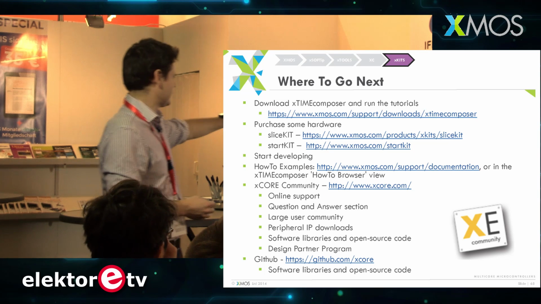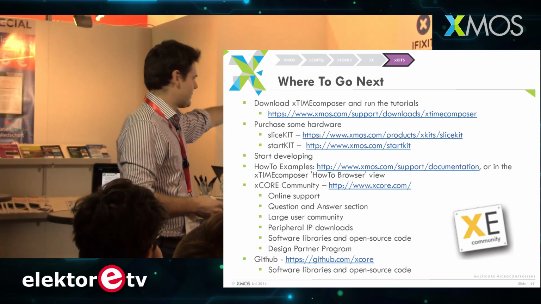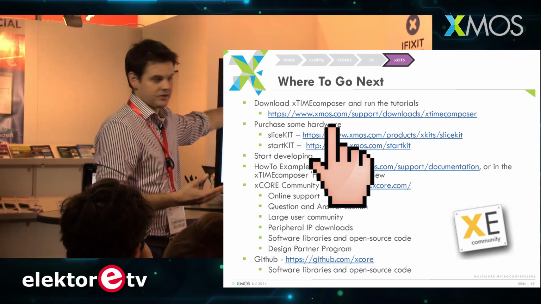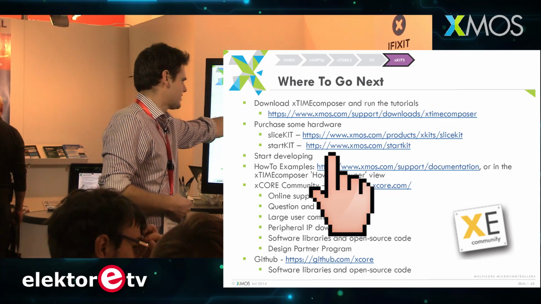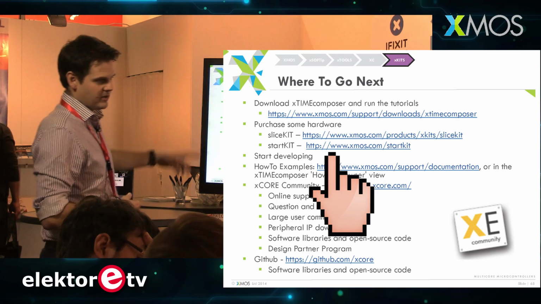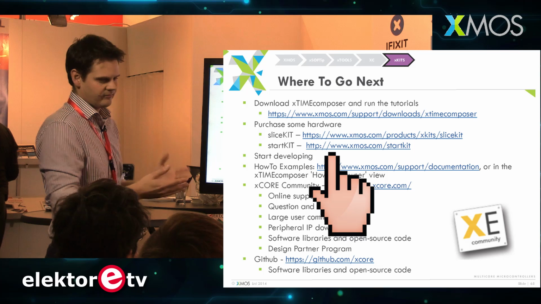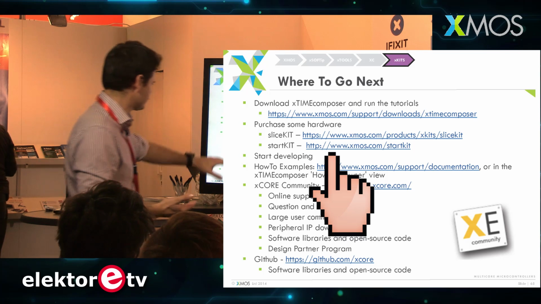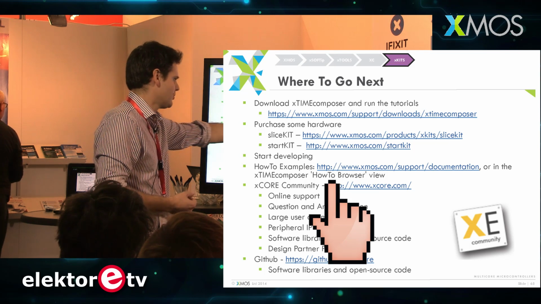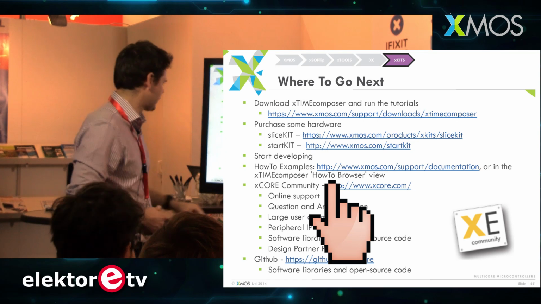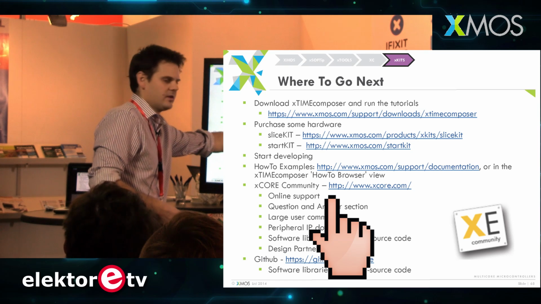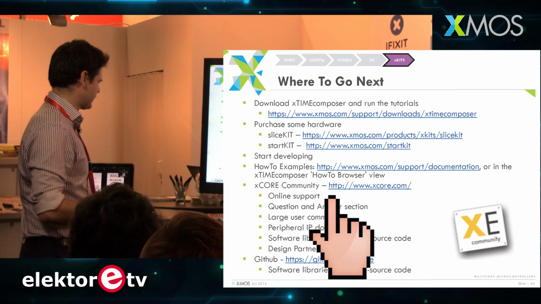This slide just illustrates some of the resources we give you, and I think this is my last slide, so we'll have questions in a second. This is the link to the tools that you can download that we covered earlier. These links, sliceKIT products, are the development environment, reference designs, development boards. Examples are all available on the website, and support is where you get the documentation from. xCore community, xcore.com, is the forum that we've discussed.